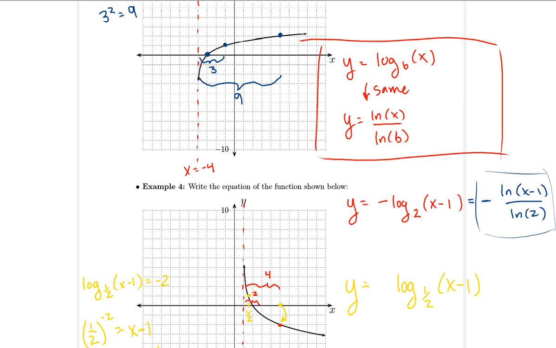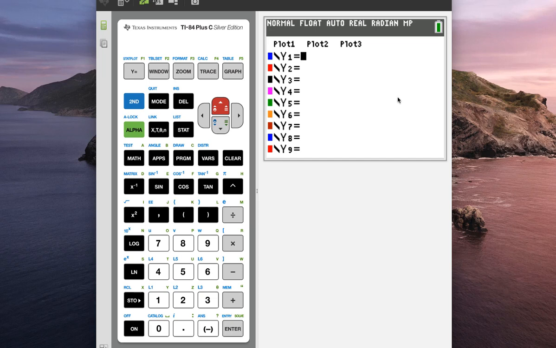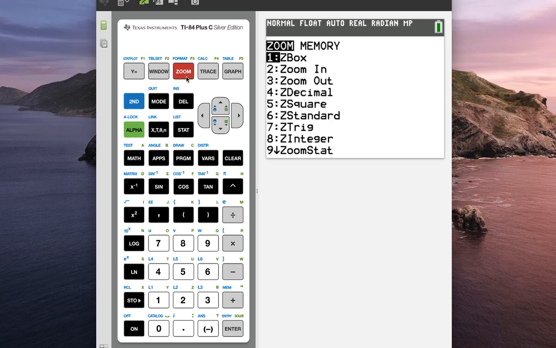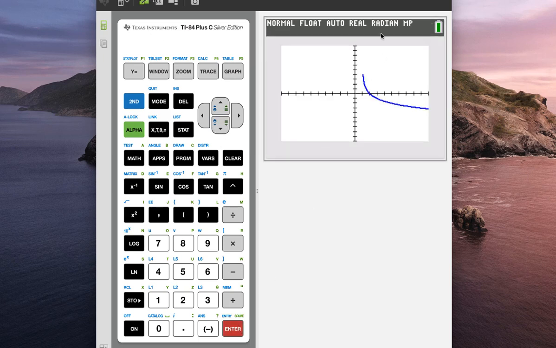Okay, so I'll go ahead and type that in. So negative natural log of x minus 1 divided by the natural log of 2. And we'll go ahead and do zoom standard. And if you look at that, that looks just like what we've graphed.